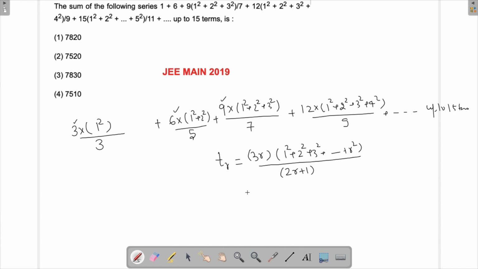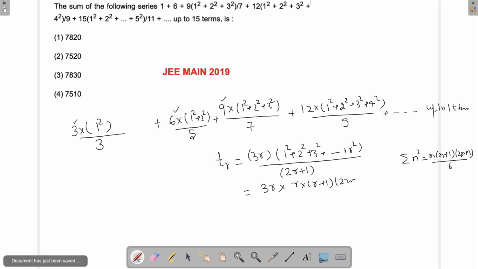Now let's try to simplify this further. This will become 3r, and then this is a summation of squares. We know that sigma n square is equal to n into n plus 1 into 2n plus 1 by 6. Here in place of n, we have r, so we write r into r plus 1 into 2r plus 1 by 6.